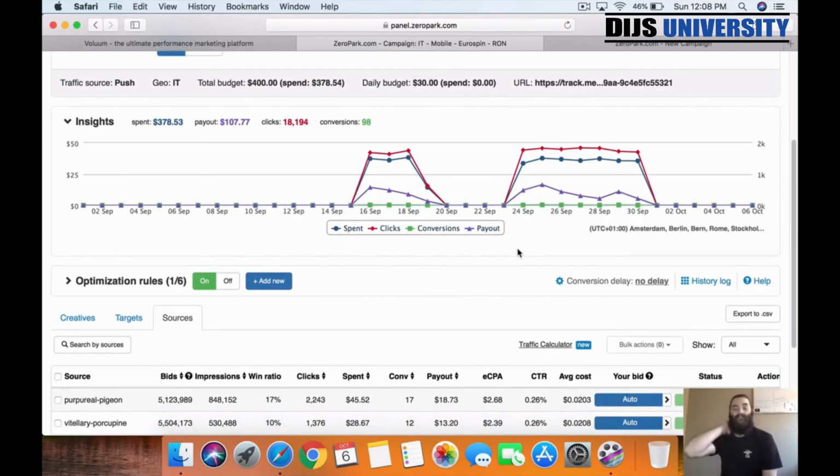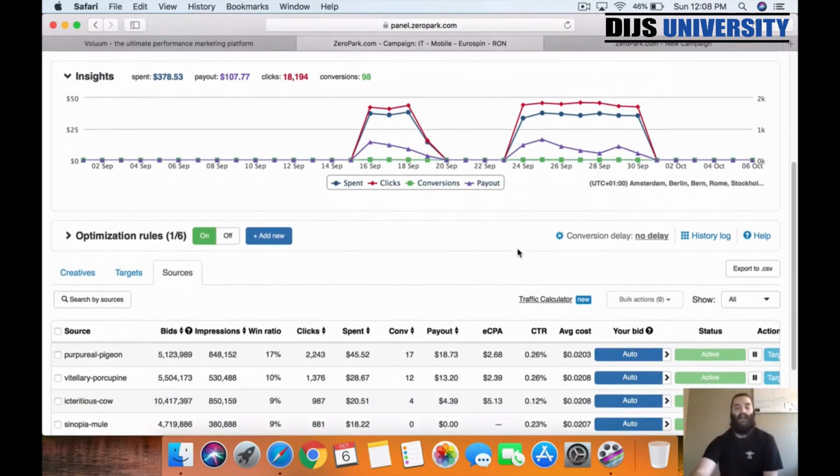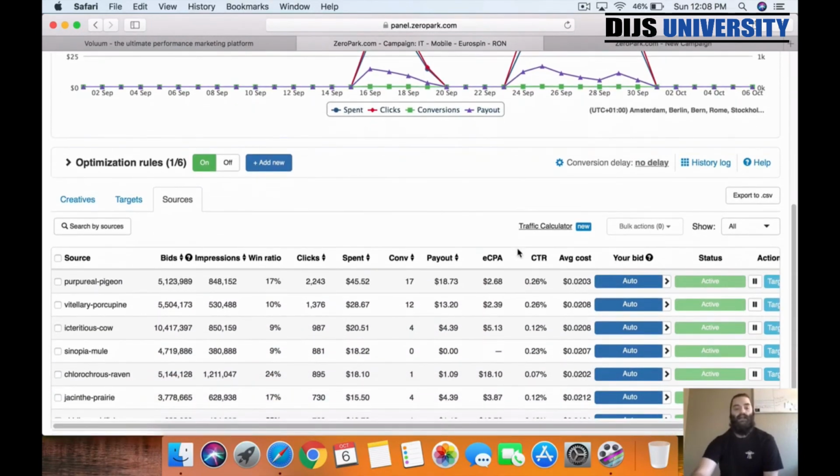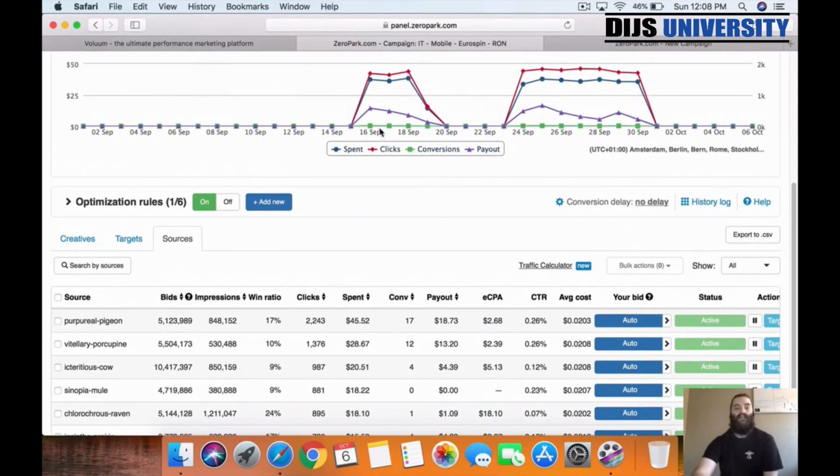I showed you the information within Volume, so we can analyze the volume there and compare it to what's shown here. And then I showed you what they did over the time period. This is the first initial testing phase where they tested it out. Then they got the whitelist, and this is the period they tried testing it with the whitelist. As you can see, it did get a little better, but it just wasn't consistent enough to keep the campaign going.